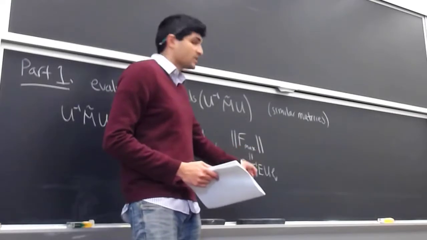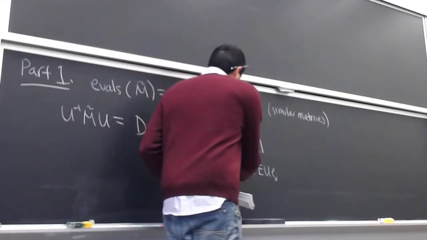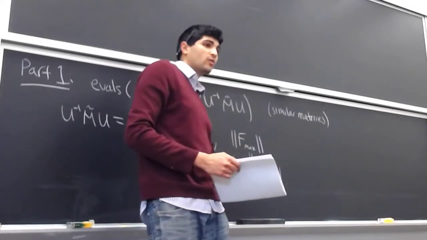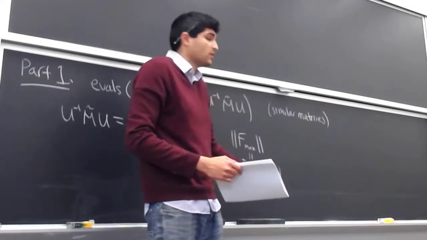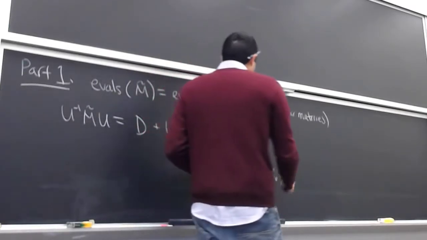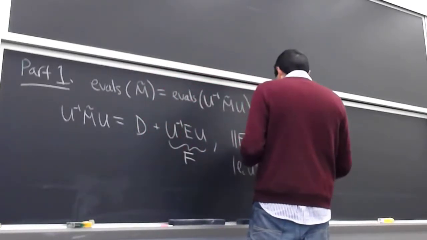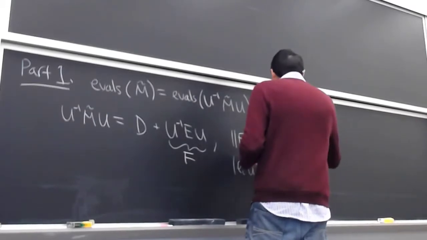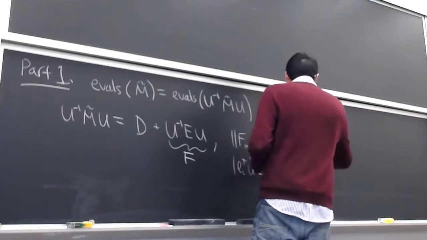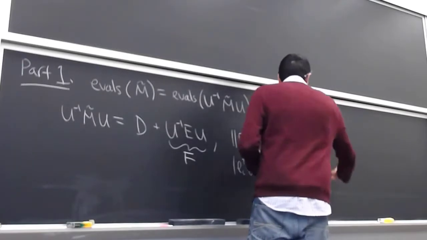So whatever the largest entry is, you can just pick it out by multiplying by a row vector that has just a 1 in it, and some column vector that has just a 1 in it. And you can easily see that this is bounded just by the condition number times the operator norm of E.